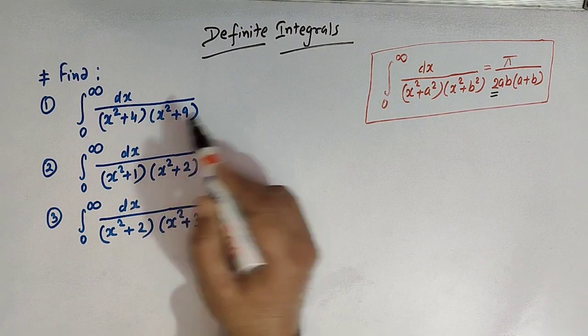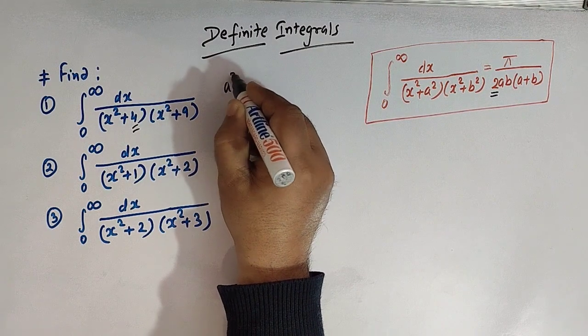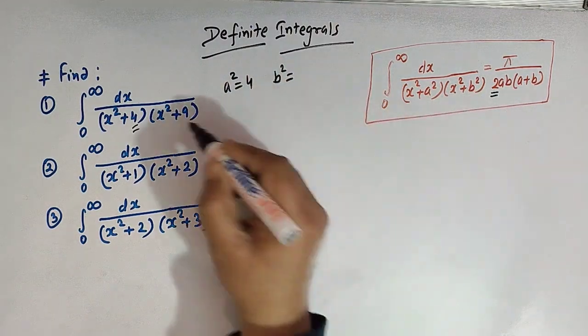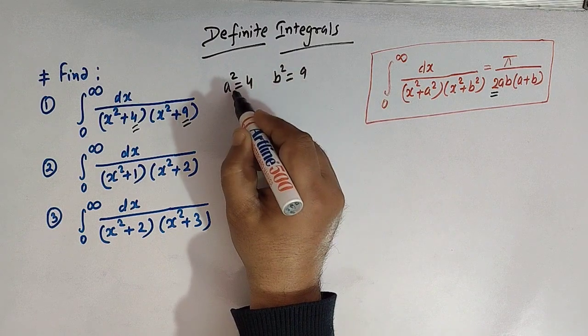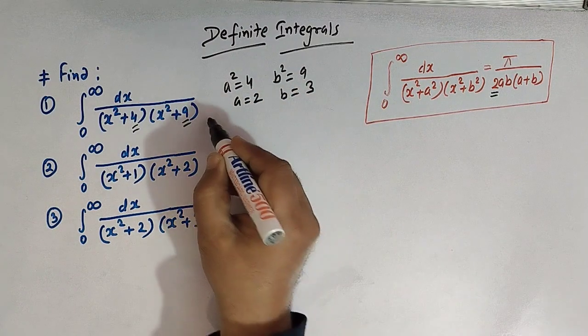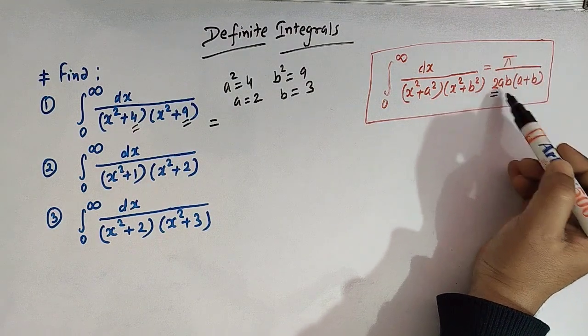If we compare this integral with the first one, then we see that a square is equal to 4 and b square is equal to 9. So a is 2 and b is 3. The direct value of this integral can be obtained by this result.